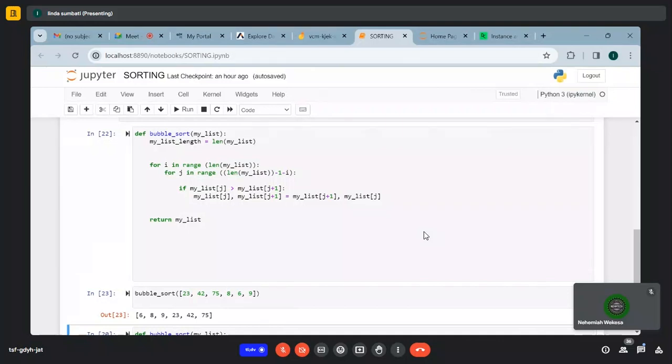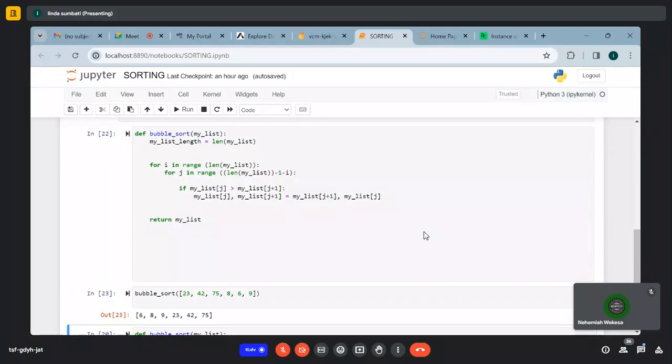That is, if the index of J is greater than the index of the next one, that is J plus 1, do the following, that is swap. If not, return our list. So the first for loop is asking us to go through the length of my list, for every element in the length of my list.